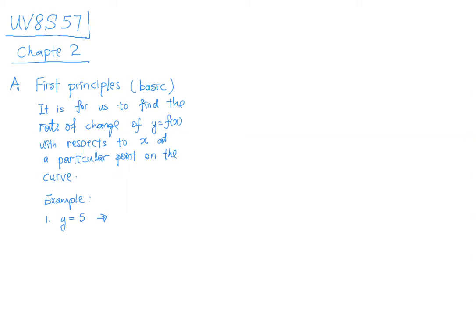Y is not affected by x. So what is the rate of change then? 0. It will be equal to 0. And how do we represent this word, rate of change of y with respect to x? We will write it as dy over dx for this function.